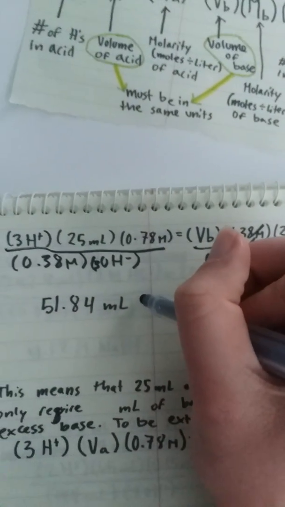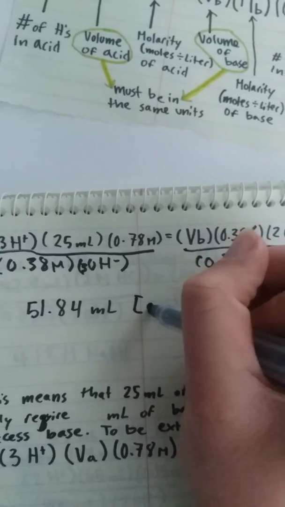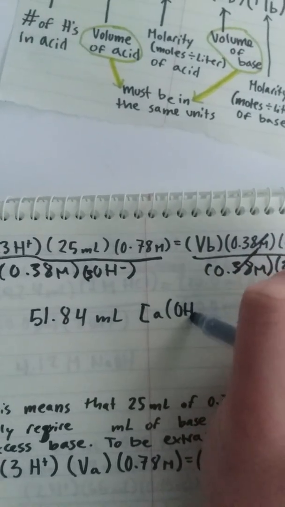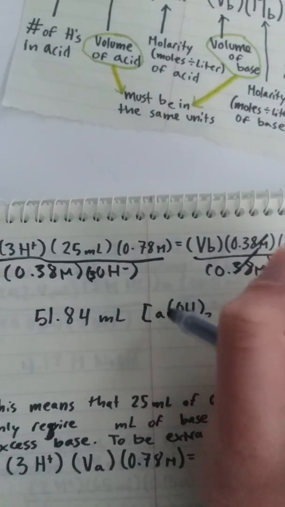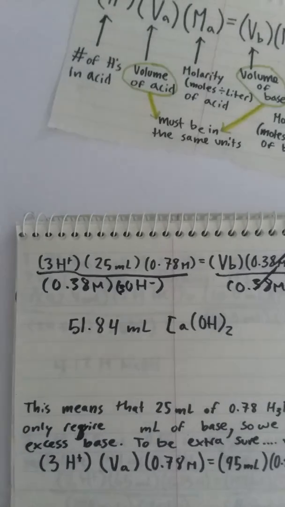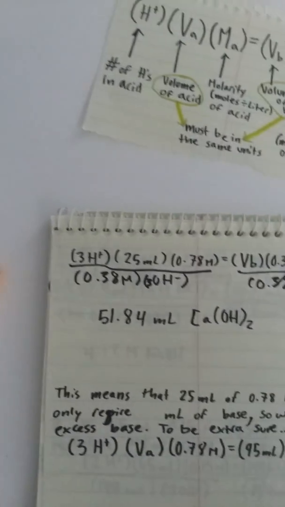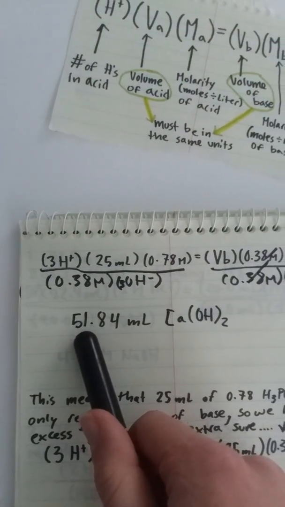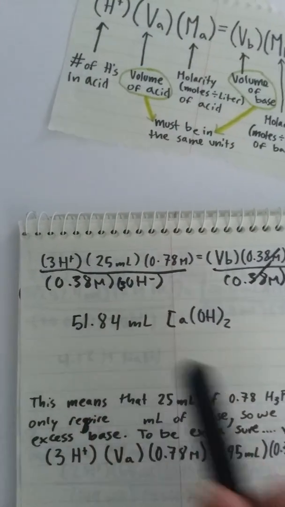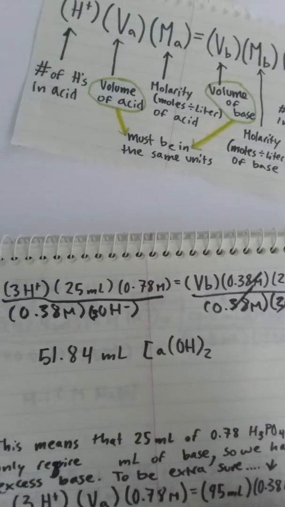So that's our VB. That means that 25 milliliters of the 0.78 molar H3PO4 would require only 51.84 milliliters of the calcium hydroxide to neutralize it.